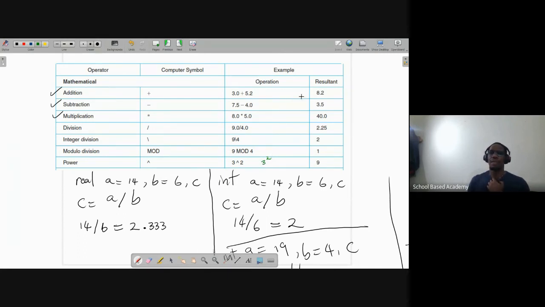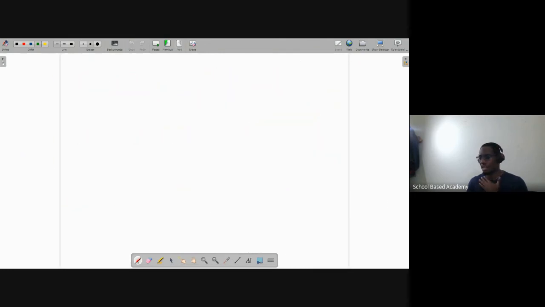Okay, I'm moving on to the next set of operators, which are relational operators. We're going to still get a bit of truth tables today, but not in any fancy way, but we will start with it next week. I'm not going to compromise on what I'm doing with you, okay?